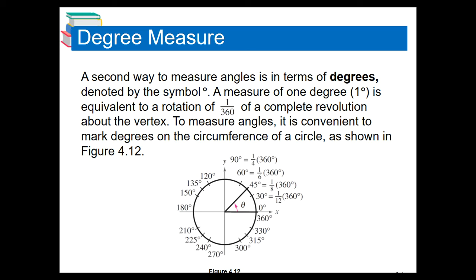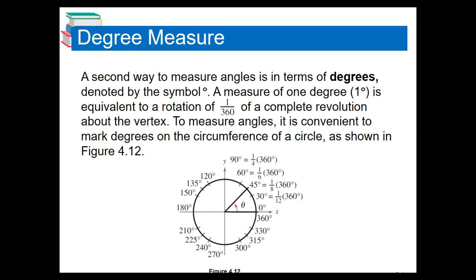To measure angles, it's convenient to mark degrees on the circumference of a circle as shown. We're very familiar with 90-degree angles, so halfway between that is 45. 30 is a little bit less, 60 is a little bit more. These are the major angles that we're going to need to know about in trigonometry.